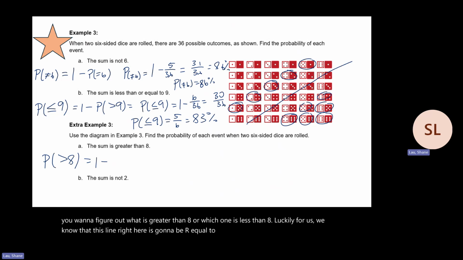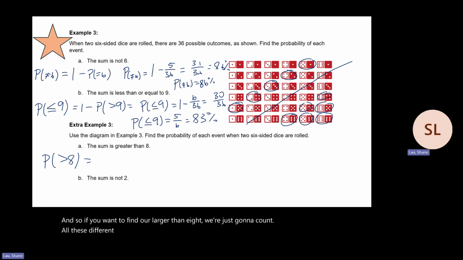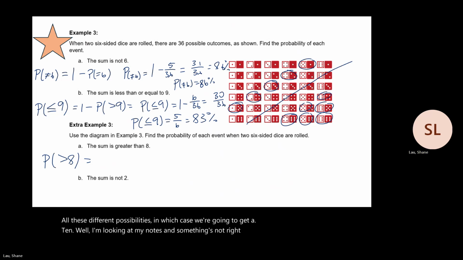And it looks like it's going to be easier to count the ones that are larger than 8, which is what we want. And so if we want to find our larger than 8, we're just going to count all these different possibilities, in which case we're going to get a 10. Well, I'm looking at my notes and something's not right here.